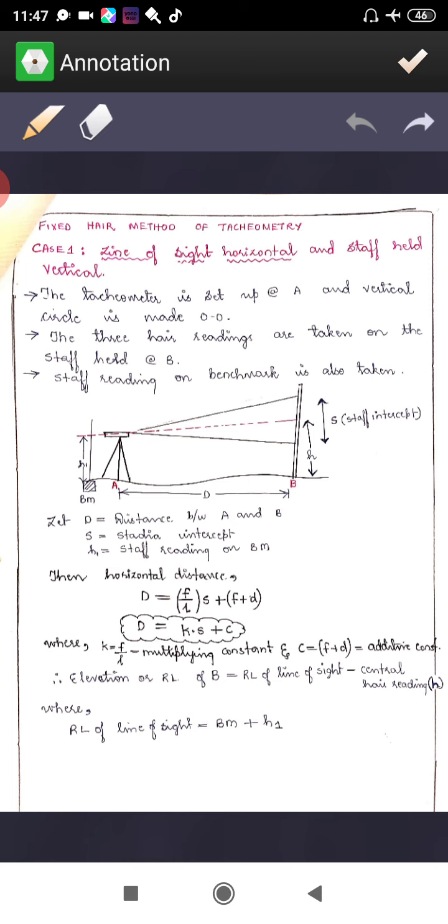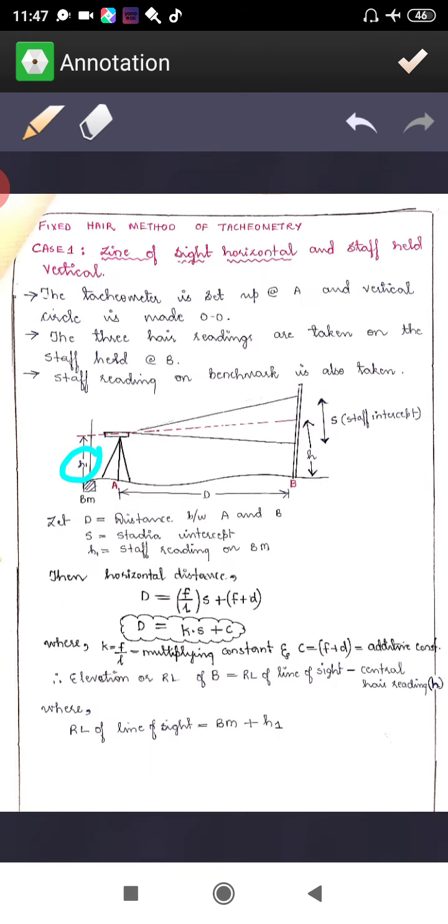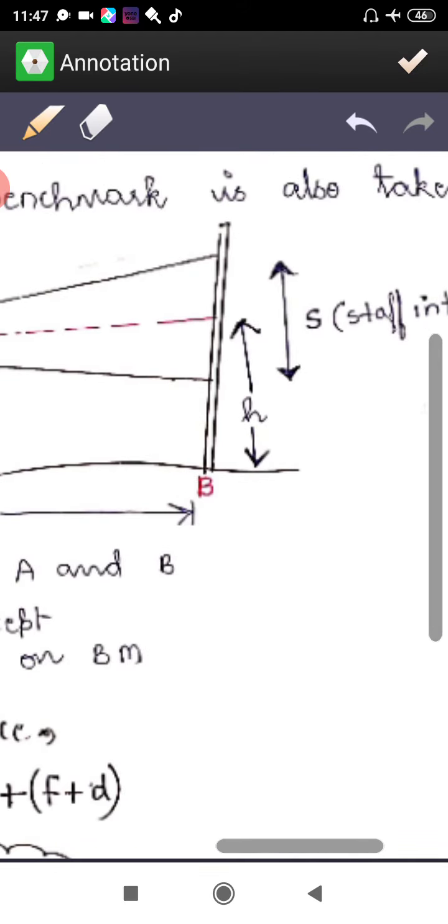The second thing is that you have to keep a staff at B. The 3 hair readings are taken on the staff at B. That is the second step. Third, the staff reading on the benchmark is also known. Here the staff reading on the benchmark is H1.